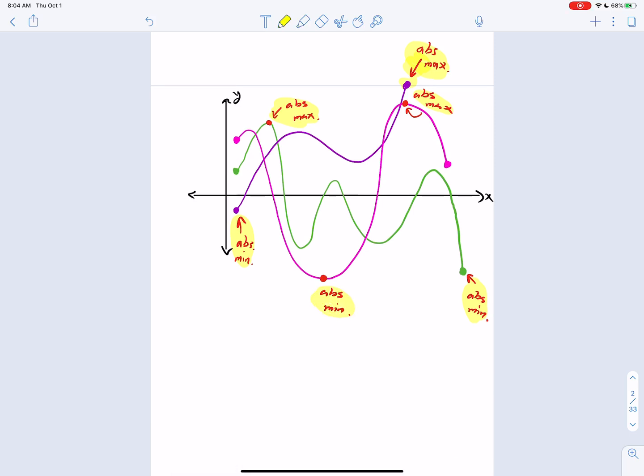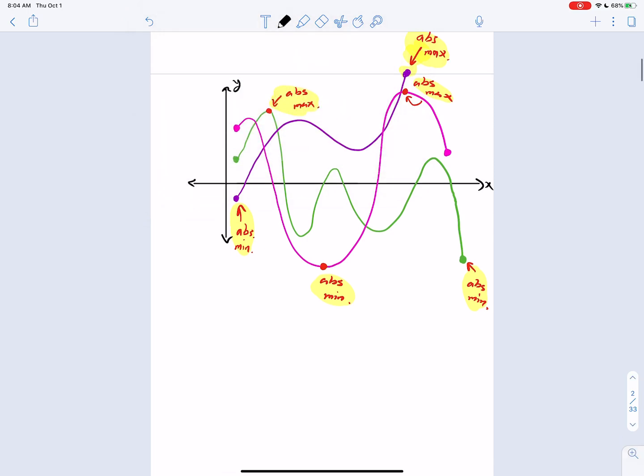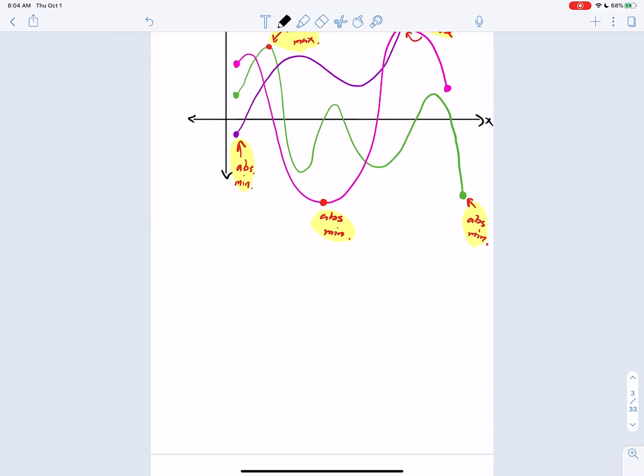Okay, so we're gonna write a statement down here, right? And then we're gonna revise it a lot. So we're gonna try to fit this all in one line, and we're gonna keep revising. Okay, absolute extremas can occur.